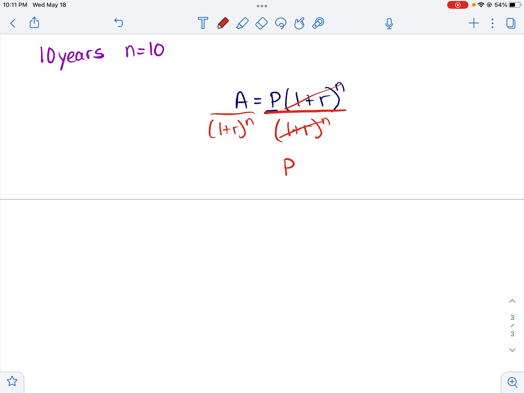So I would just leave P equals A over 1 plus R to the power of N. So if you knew the future value, so if you knew somebody made $12,000 in the future and you knew what their interest rate and their time period was, you could actually calculate their initial investment if you wanted to. So you can always rearrange formulas.